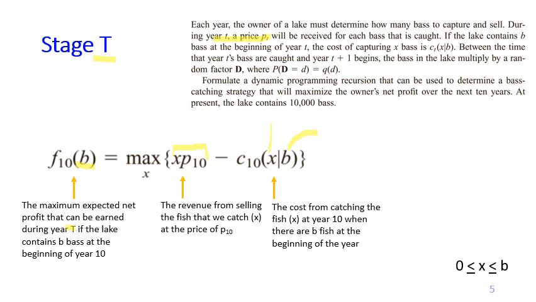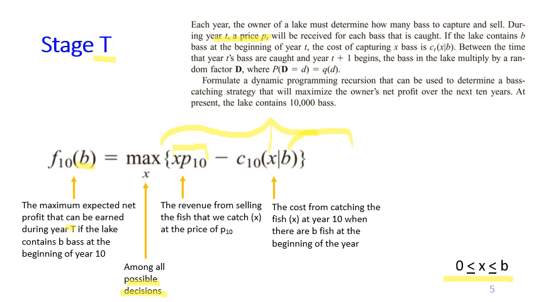And do not forget to say that the allowable decisions are between 0 and B, and we would like to maximize this profit among all possible decisions.